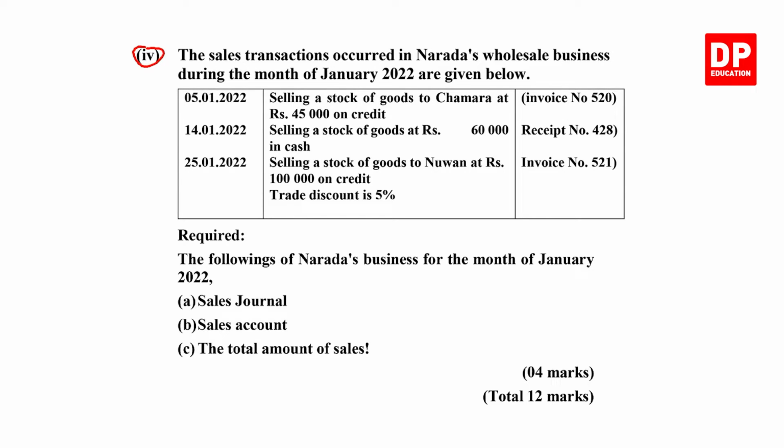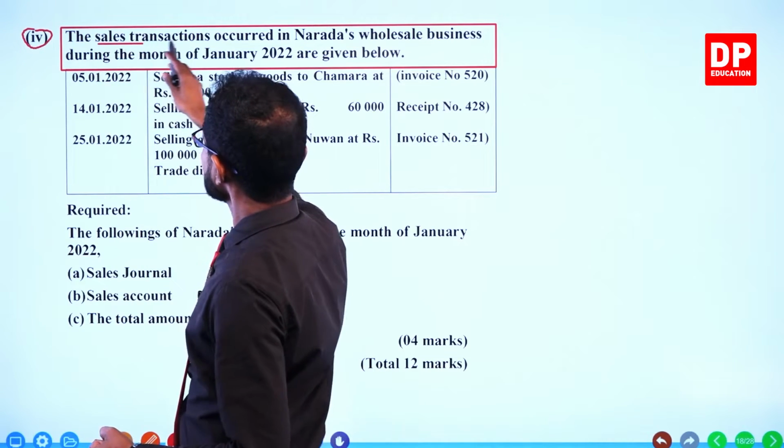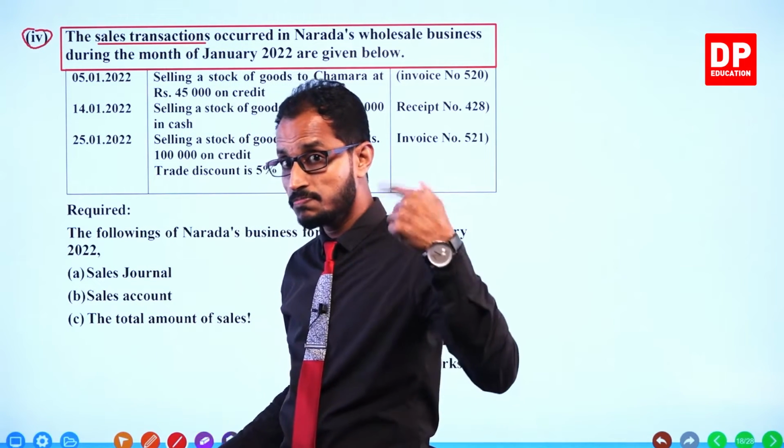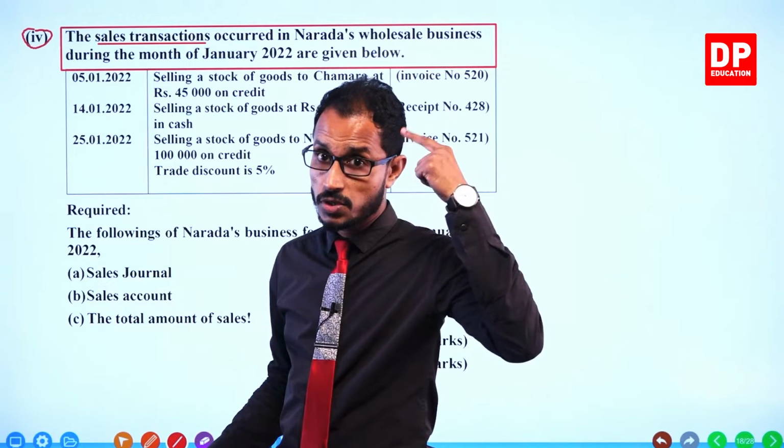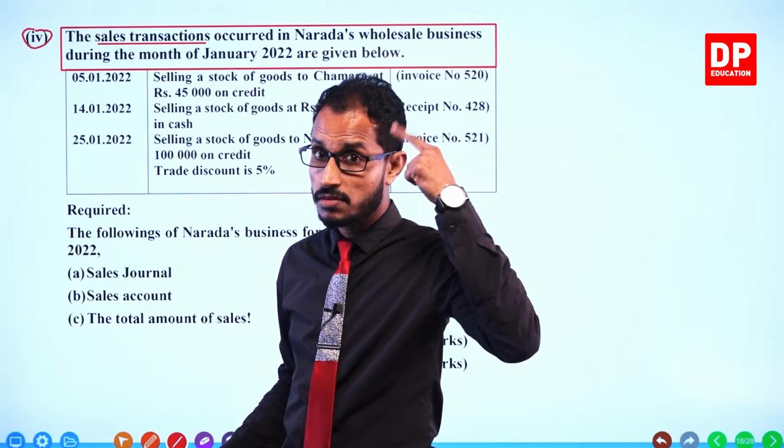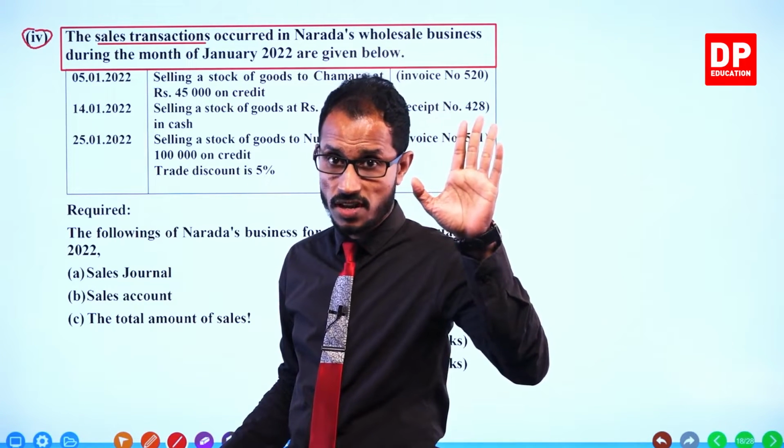It says the sales transactions occurred in Narada's business. Narada is the owner. Sales transactions, that is something you should keep in mind. Okay, only sales, no other transactions.